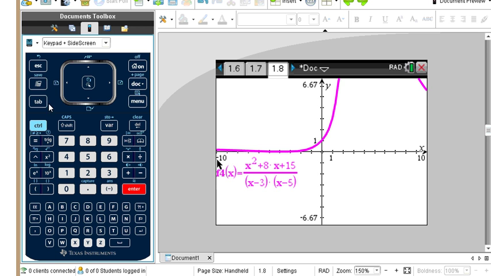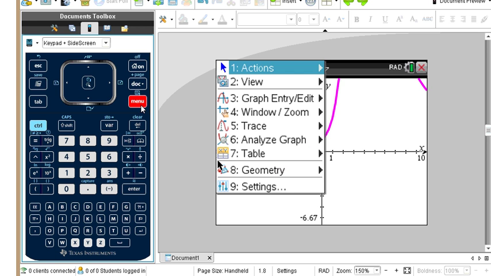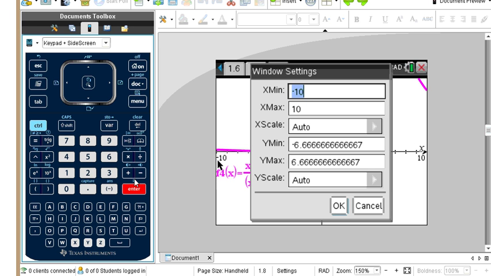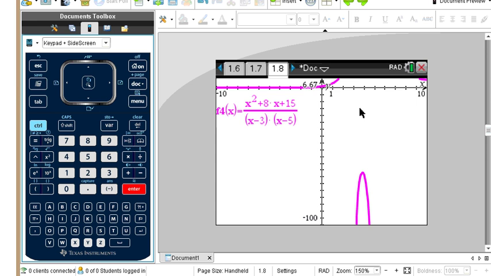So let's go to menu, window zoom, window settings. I'm going to tab down here to Y minimum. I'll put down -100. I hope we should see something better now. Yeah, so we see a vertical asymptote at x equals -3 and at x equals 5.